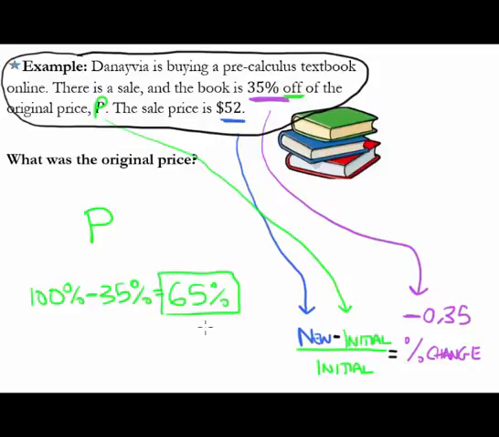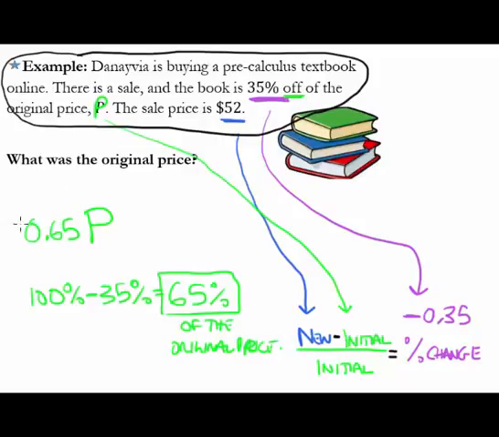65% of the original price is left, okay? Well, how can I represent 65% of P? Well, 0.65 times P, right? We know how to move a percent into a decimal. That's what we did last week.